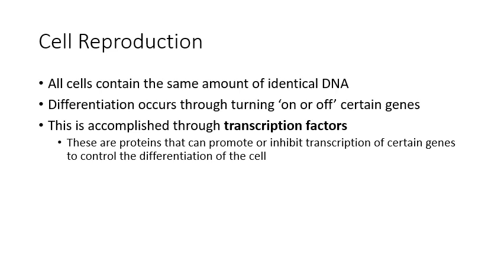Differentiation occurs by turning on and turning off certain genes, and that's what makes a skin cell different from a muscle cell. We have proteins called transcription factors, and these are either going to promote or inhibit transcription of certain genes, basically turning genes on and off that lead us towards differentiating into a certain type of cell.